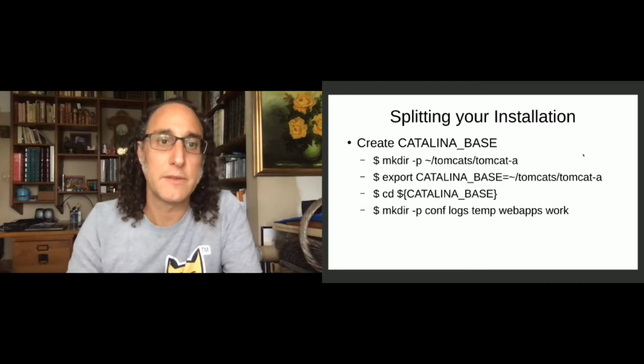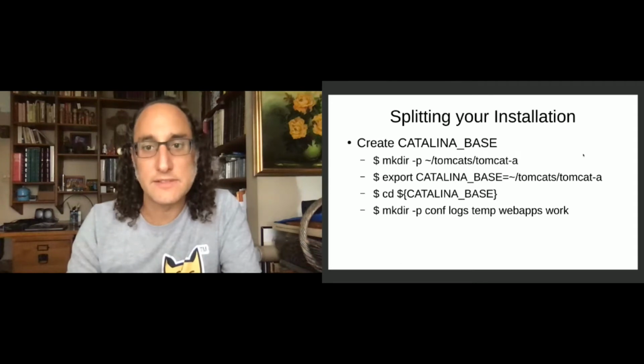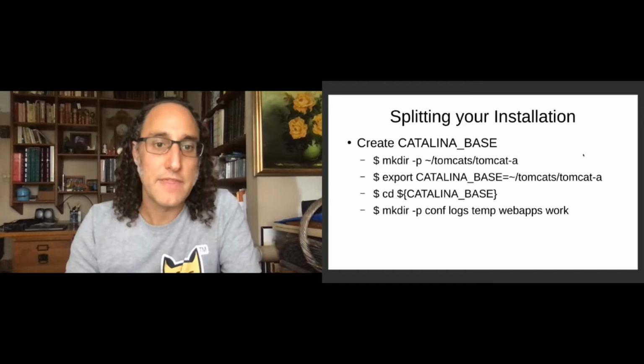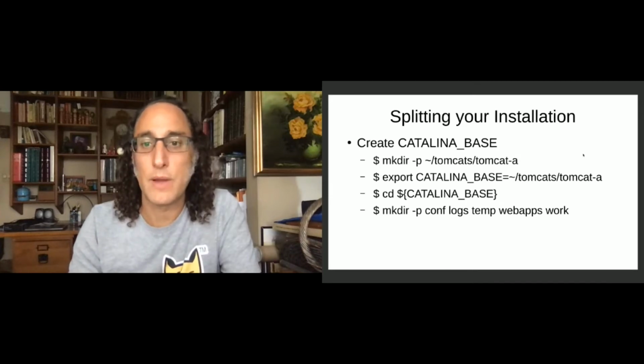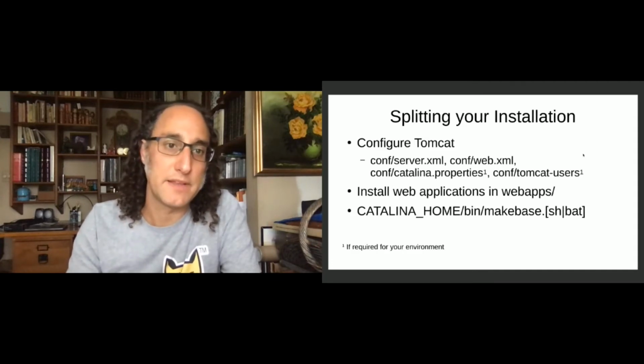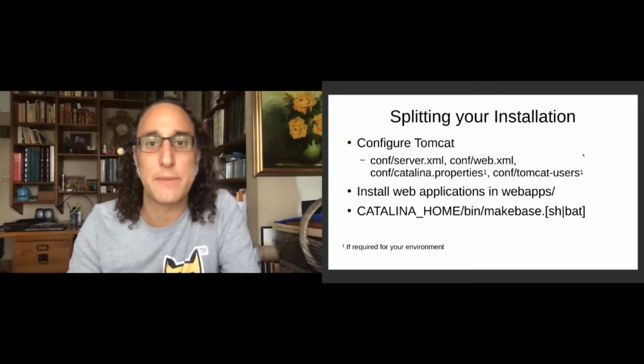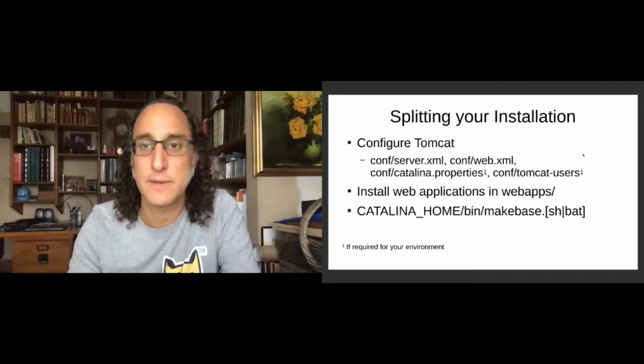Then you create your Catalina base, and you can do that by, I just created a fictional Tomcat A directory from my home directory, and then set Catalina base equal to that directory. And then inside that directory, make sure that you have a conf directory, logs, temp, webapps, and work. You'll need to configure Tomcat by placing server.xml, web.xml, catalina.properties, and tomcat-users.xml into the conf directory.